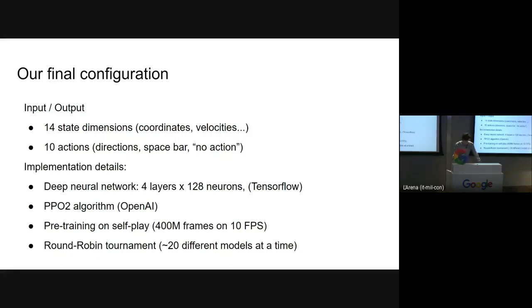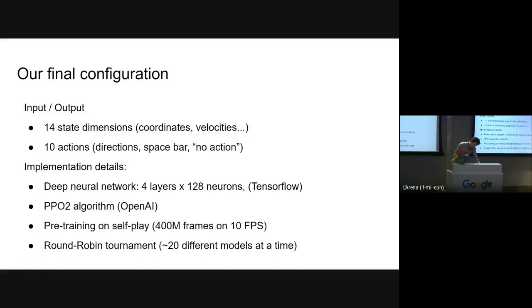At each moment, our agent had 10 possible actions to take: just pressing directions, combinations of direction keys, the space key to kick the ball, and so on. For the implementation, we used a deep neural network, which had 4 layers of 128 neurons. We used the PPO2 algorithm from the OpenAI implementation.